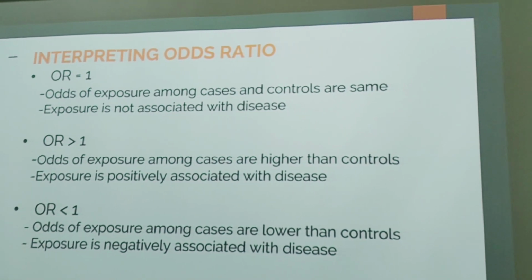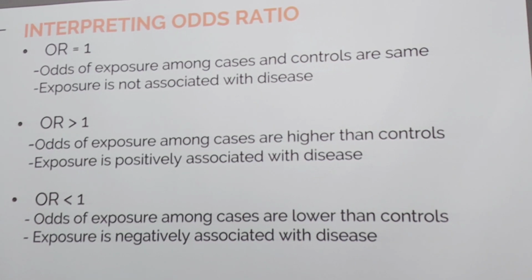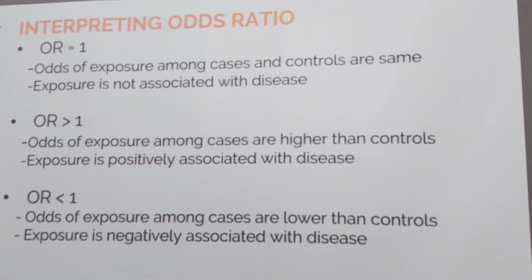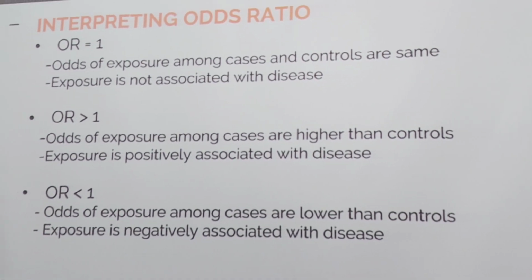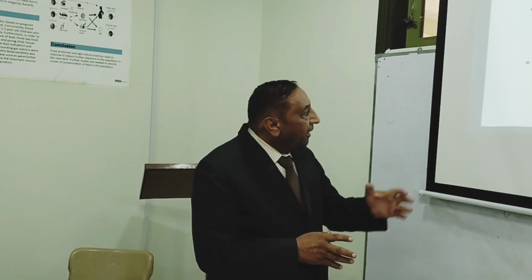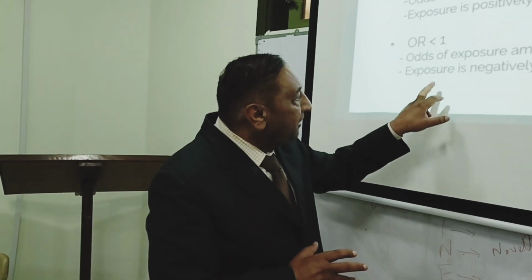And if the odds ratio is 1, then the controls are the same, exposure is not associated with the disease. It means 1 will not give you any good definition or good clue. More than 1, exposure among cases is higher as compared to the controls. And if it is less, then lower exposure among cases shows a negative association with disease.